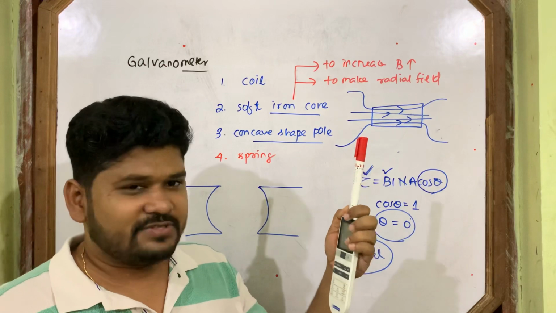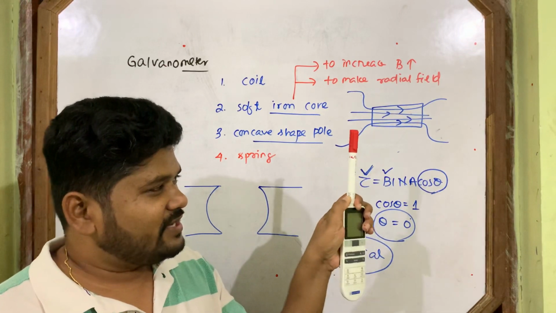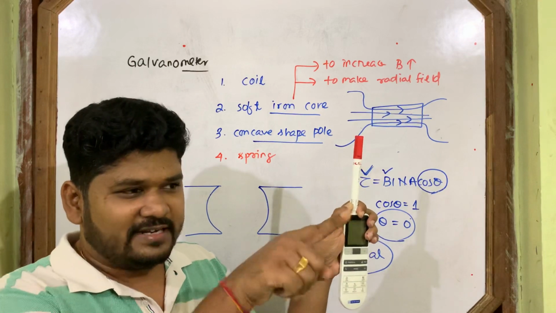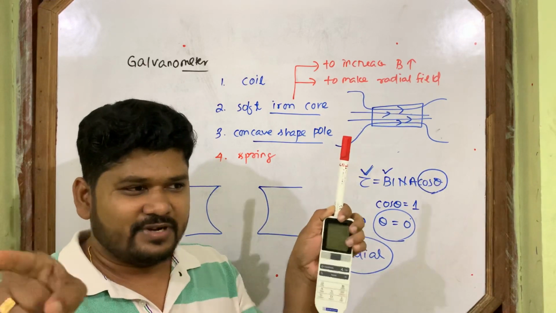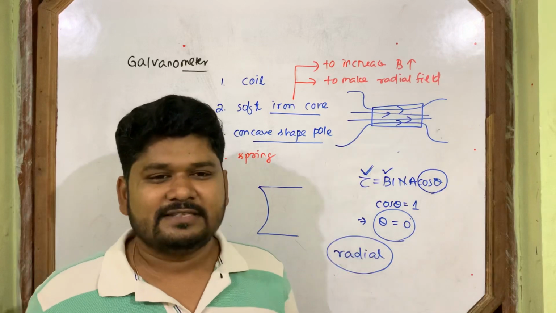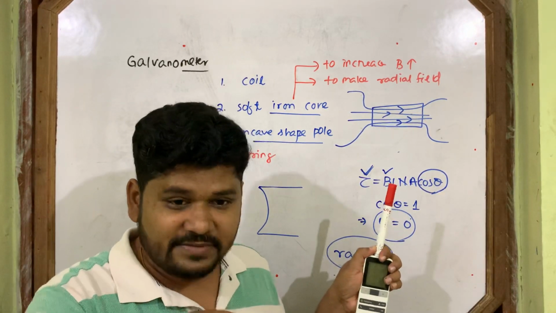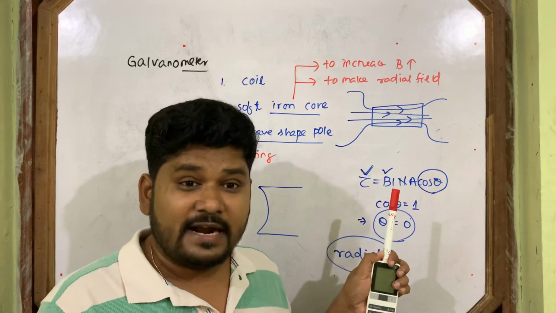So the coil rotates, the wire rotates, the mirror also rotates, and the reflected light moves like this. This is the moving coil galvanometer. It requires an arrangement around 1 meter long, called the lamp and scale arrangement.